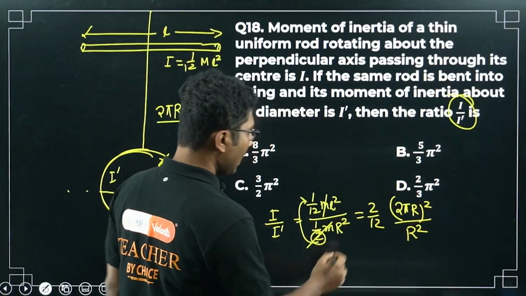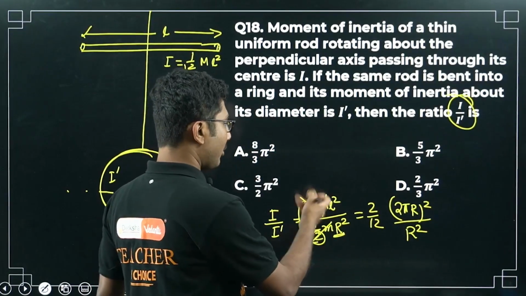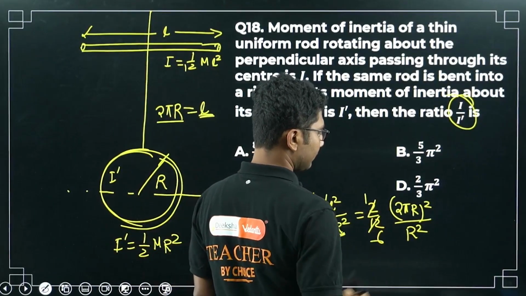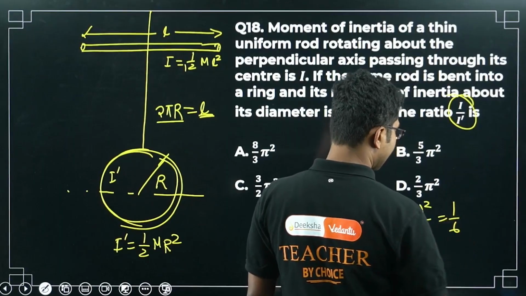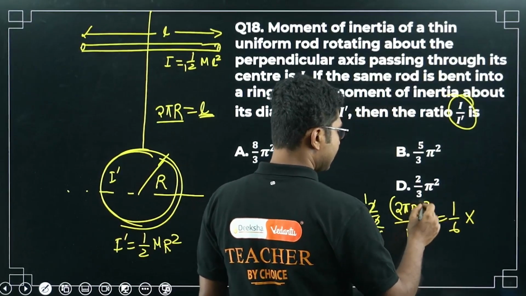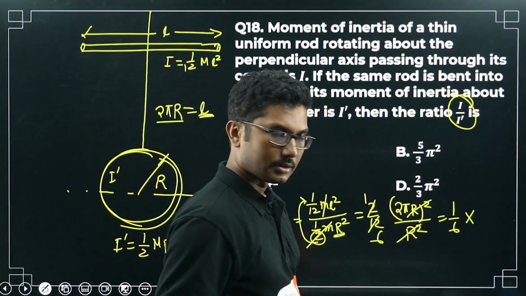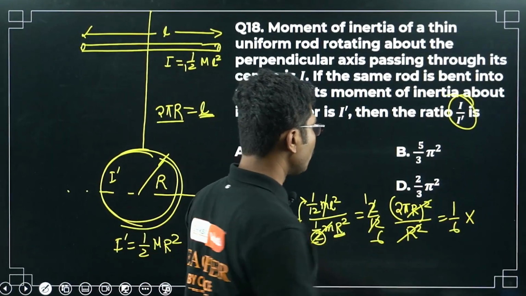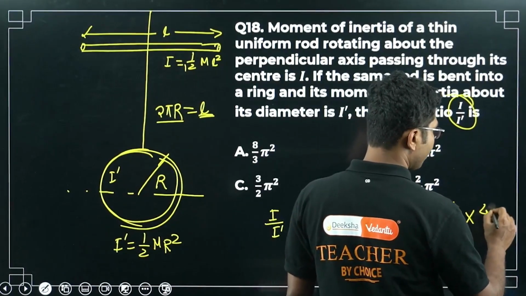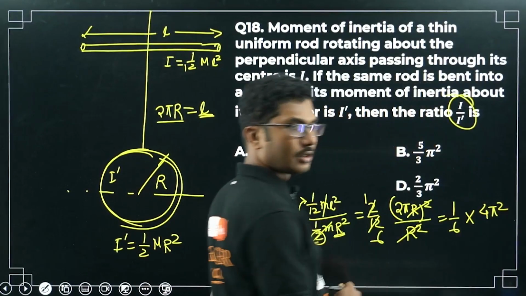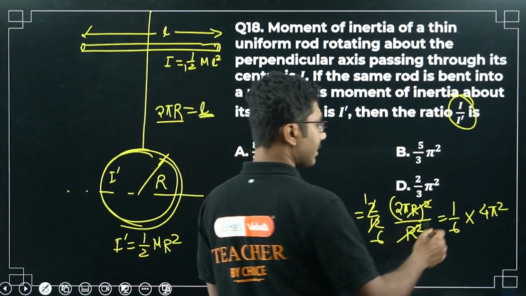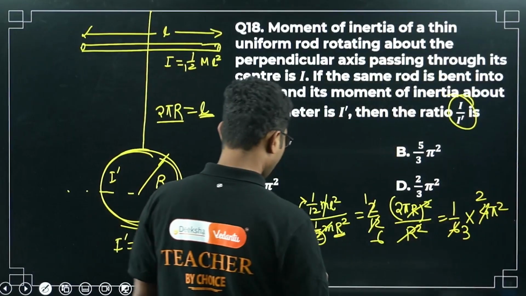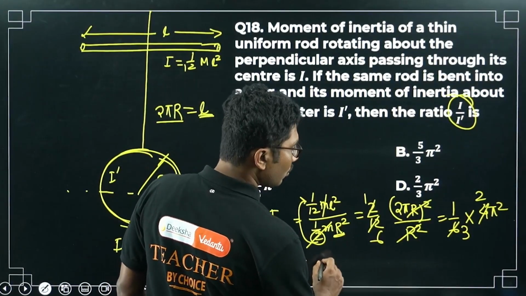Only r square is left here, m already cancelled, and this 2 goes up, so it becomes 1 by 6 times r square, and this r square will cancel. 2 pi whole square means 4 pi square, so you can cancel this further: 2 to the 4, 3 to the 6. So the answer will be 2 pi square by 3.